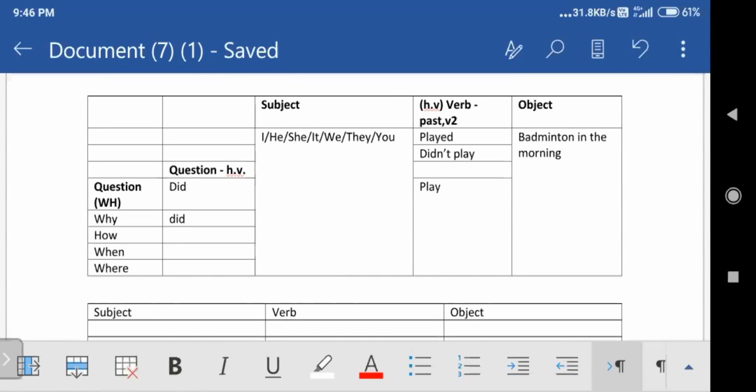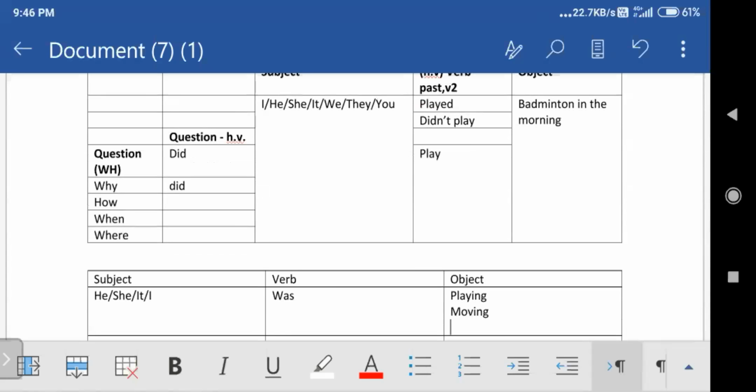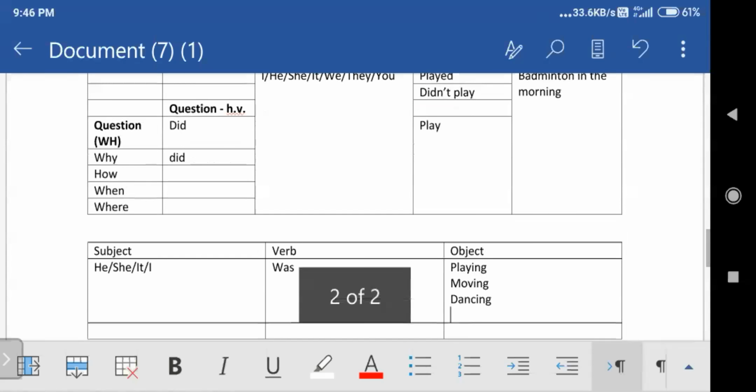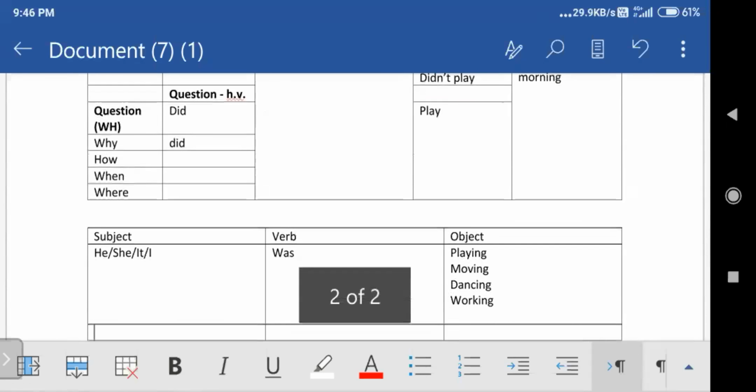So for example, our subject here will be he, she, it. Unlike the last one, in which all of them are there, this one will only have this much, and we'll have was in it, and anything like playing or moving or dancing, working, etc. And if you look at the next one, it will be we, you, or they.